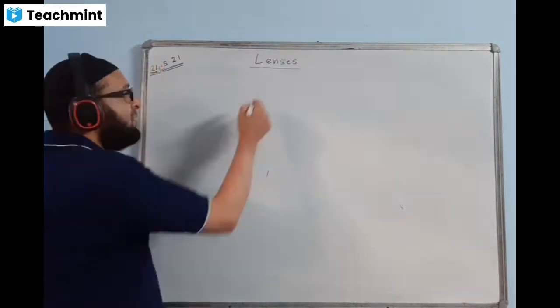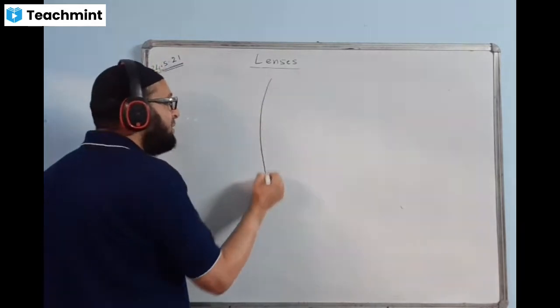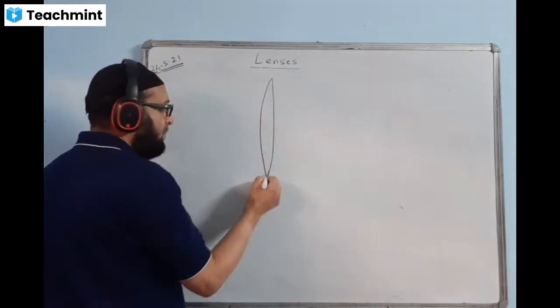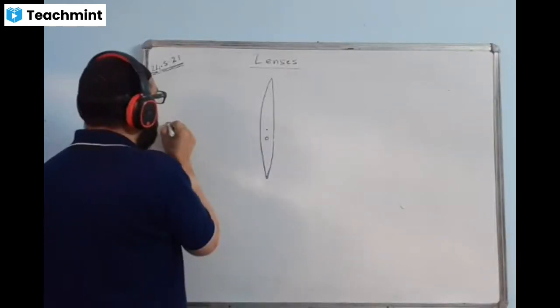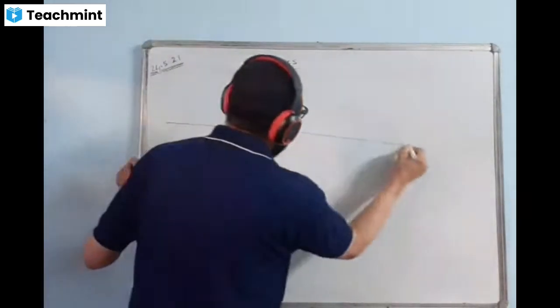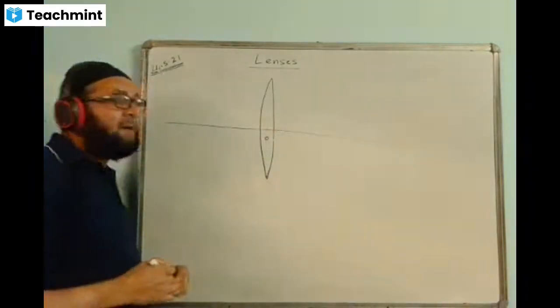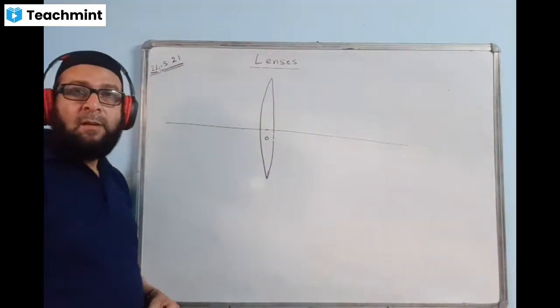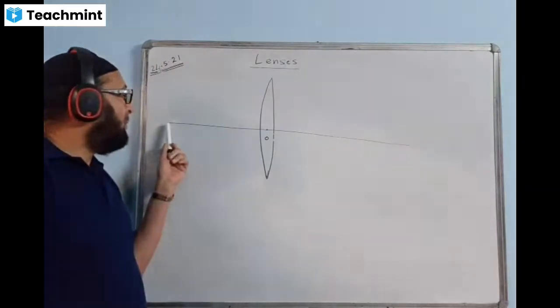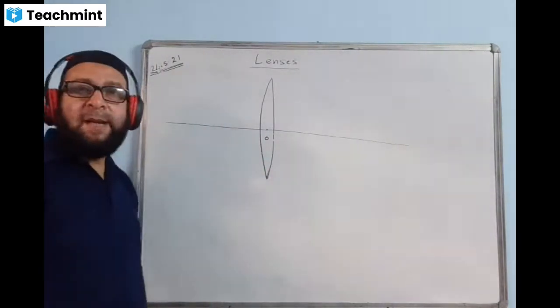Now, suppose we have a lens like this. This is the optical center. A straight line passing through the optical center is known as the principal axis.